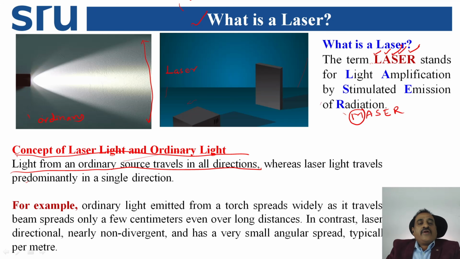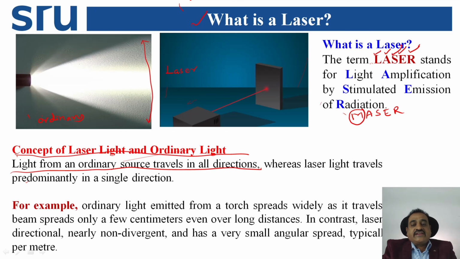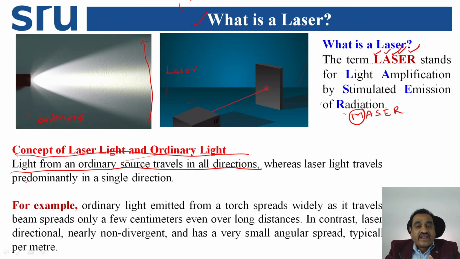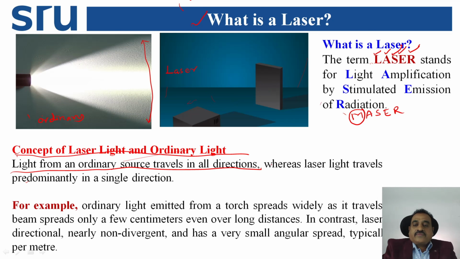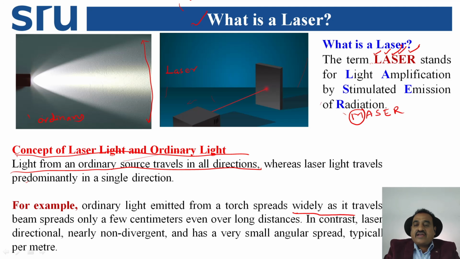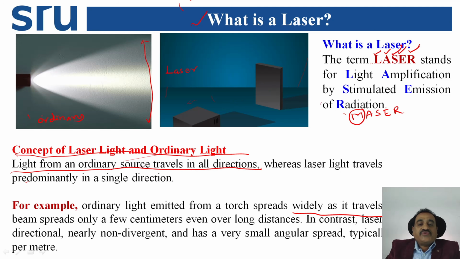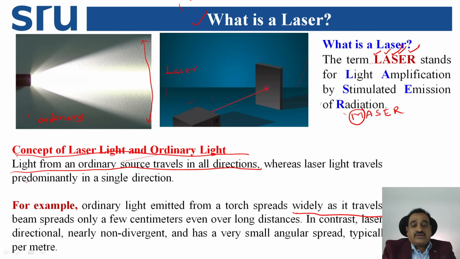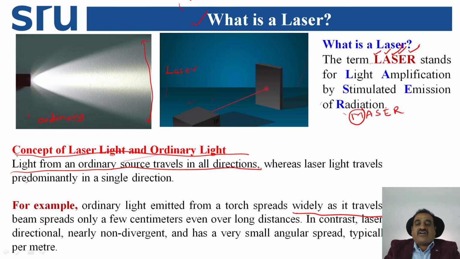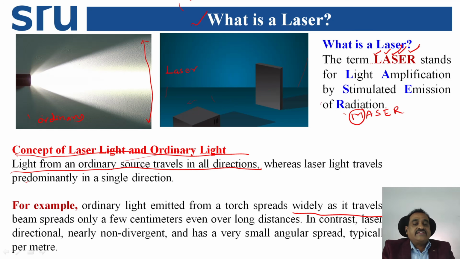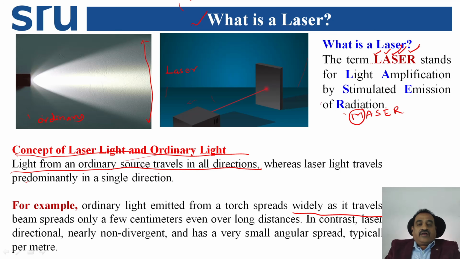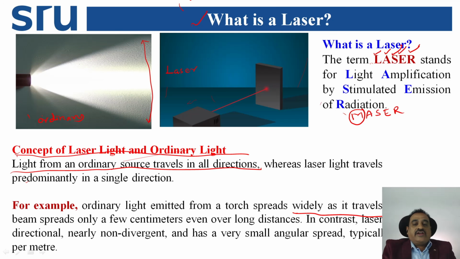For example, ordinary light emitted from a torch spreads widely as it travels, while a laser beam spreads only a few centimeters even over long distances. In contrast, laser light is highly directional, nearly non-divergent, and has a very small angular spread, typically about 1 millimeter per meter.